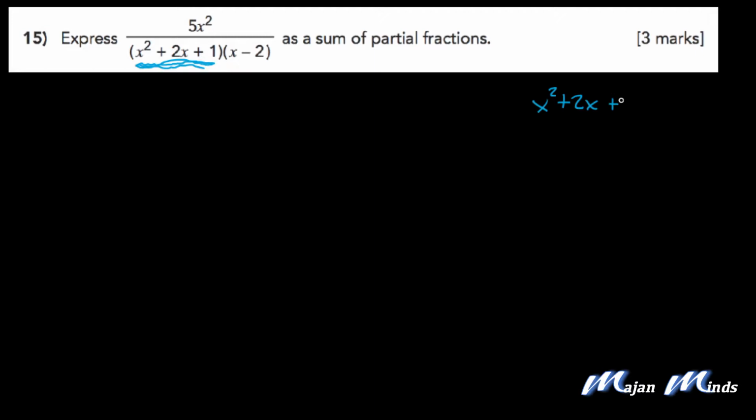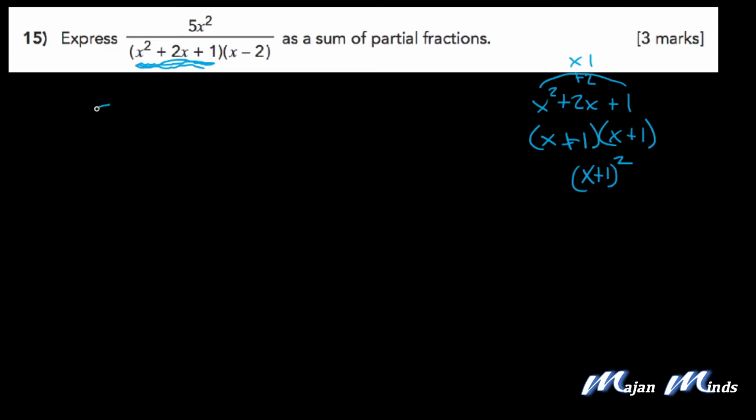In fact, we can. I need two numbers that multiply to give me 1 and add to give me 2. Those two numbers are 1 and 1. That means this can be written as x plus 1 squared, a perfect square.